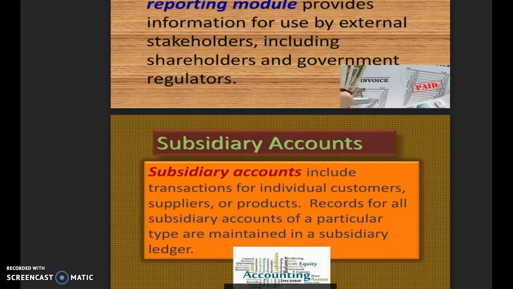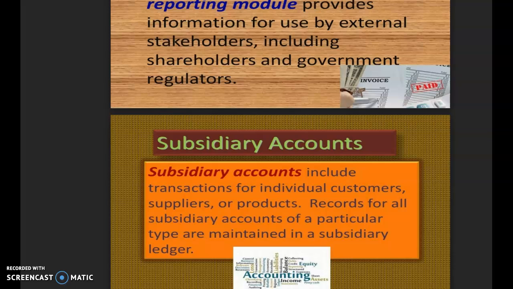Then under AIS, subsidiary accounts include transactions for the individual customers, suppliers, or products. Records for all subsidiary accounts of a particular type are maintained in a subsidiary ledger. Subsidiary ledger here means the ledger which records the various other transactions which are not recorded in the main ledger. So in the computerized accounting system, all that information is also recorded through the subsidiary accounts, where individual customers, that is the debtors, creditors, payables, receivables, and all other records are maintained in a subsidiary ledger.